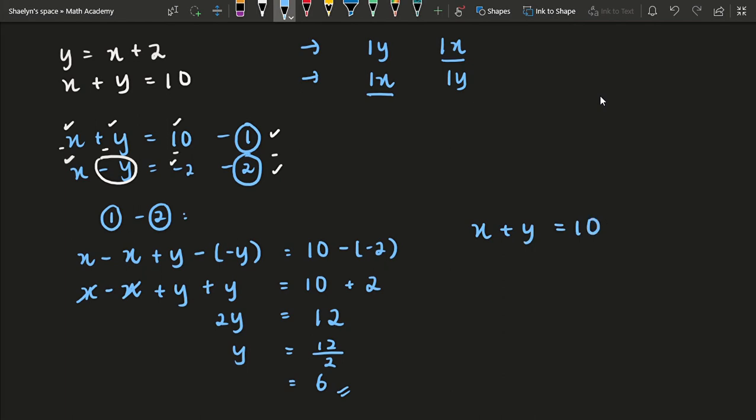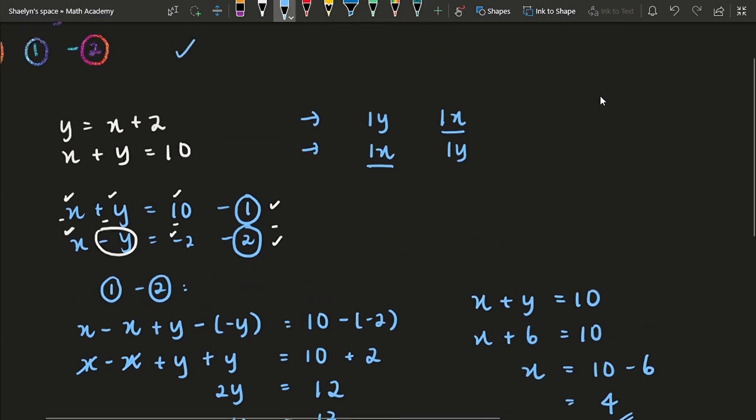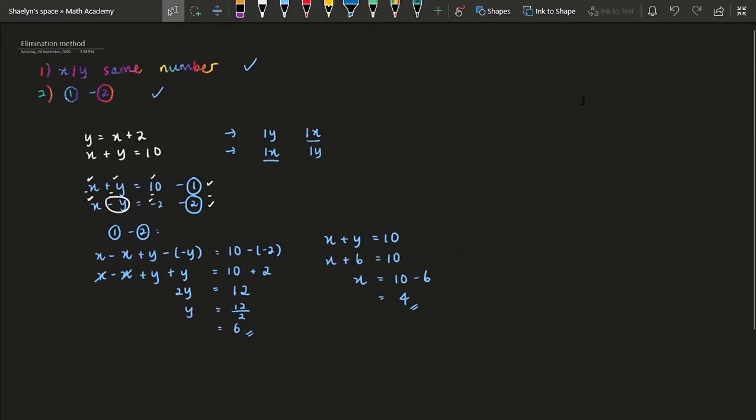We already know that y equals 6. So let's just replace y with 6, and so we can find x. For 10, we move the 6 to the right-hand side, it becomes negative 6 or minus 6, and you get 4. So this is how we use the elimination method to find x and y.